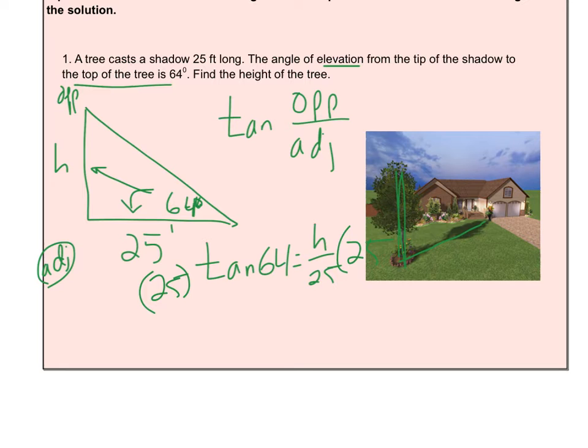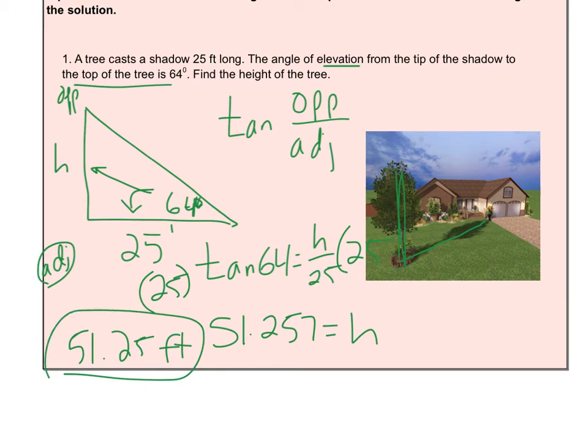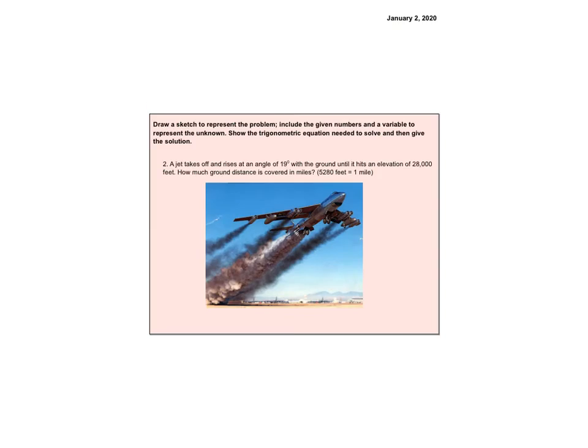So tangent of 64 times 25 should be 51.257, and that's going to equal h. So it's going to be about 51.25 feet. That will be my answer, or 51 feet if you really want to be picky. But that's how tall my tree is going to be. 64 degrees was my angle of elevation.